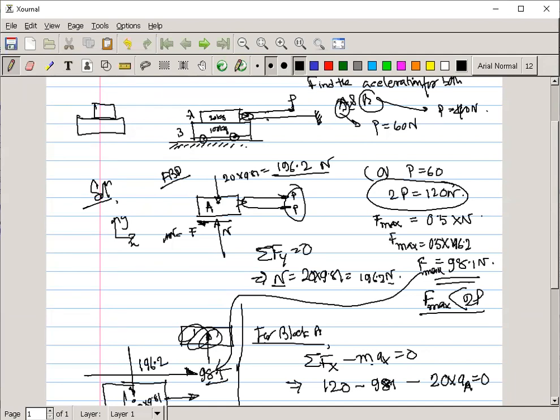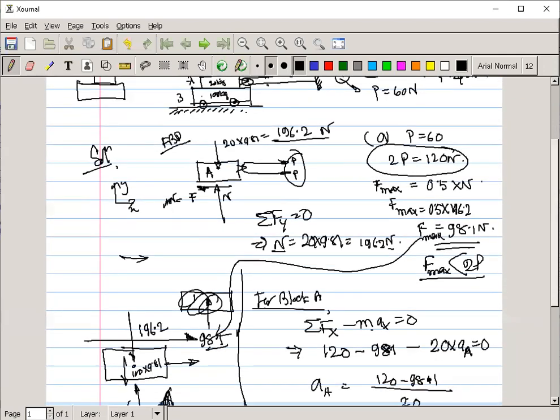So when P is equal to 60 Newton, between these two bodies A and B, slipping occurs, as well as due to the rolling motion of block B, there is a motion in this direction only, along the positive direction. Please try to understand this type of concept very minutely.